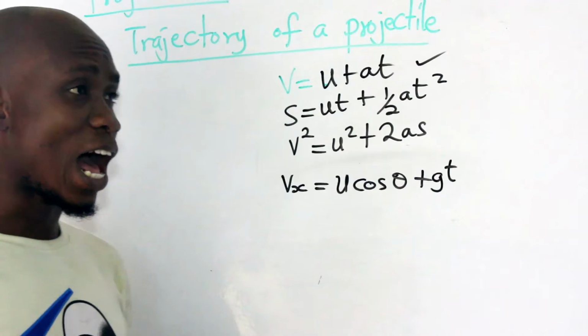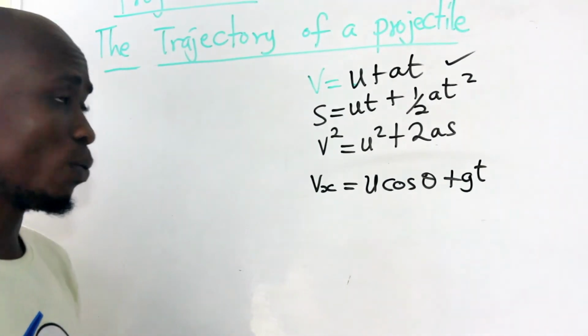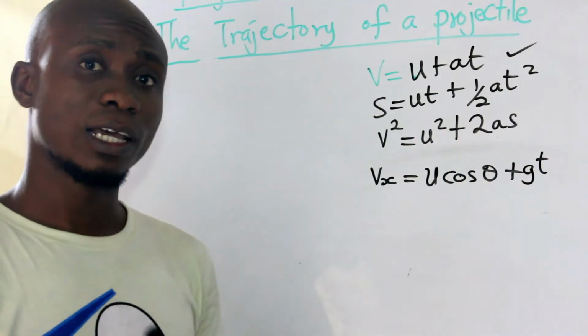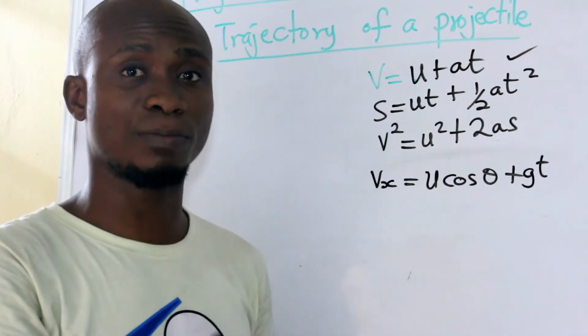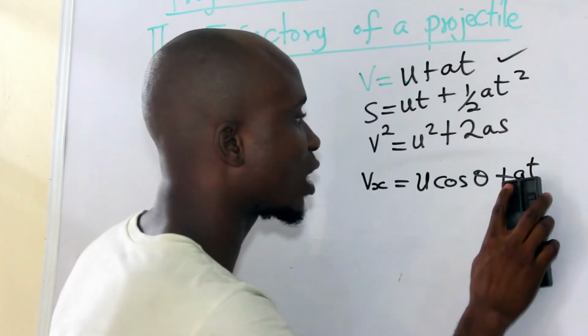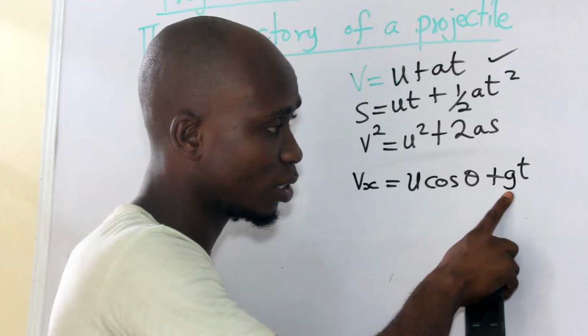Now I want to make a point clear, and the point is, when we are analyzing motion in the horizontal direction, such a motion is not affected by gravity. As such, we are going to take out the term bearing the gravity.